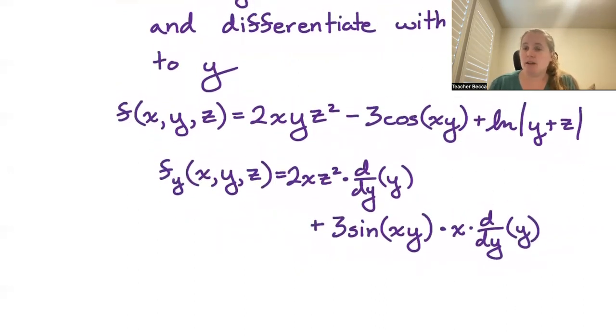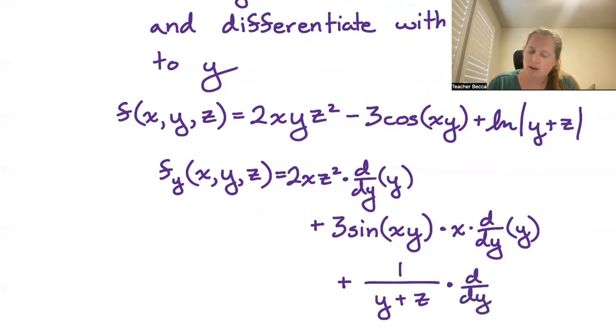Finally, again, we have another chain rule, the derivative of the natural log of y plus z. Natural log goes to 1 over y plus z. Then we would multiply by the derivative with respect to y of y plus z, essentially viewing z again as a constant.